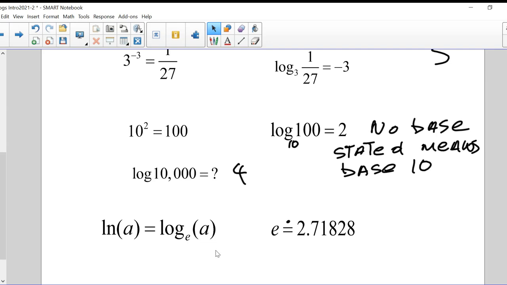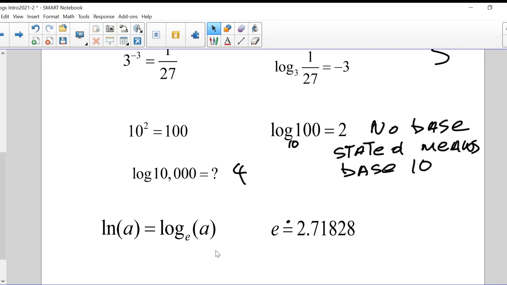So there's another key on your calculator that's called the ln key or the natural log key. It's usually right beside the log key. So the log key will say log, and I'd say in 99% of the calculators that I've seen, the next key either to the right or to the left of it is the ln key. And the ln key is assuming a base of E, 2.71828.